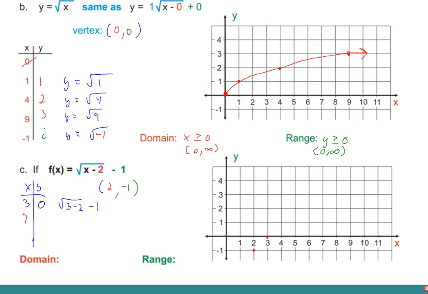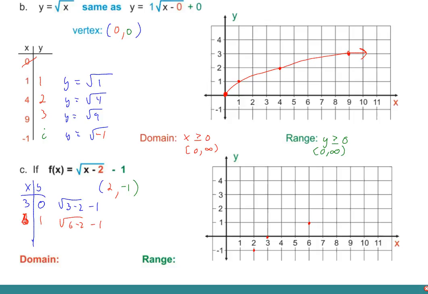The vertex is at 2, so go 4 away, let's go to 6. So now we're going to do the square root of 6 minus 2 minus 1. That gives us the square root of 4, which is 2. And 2 minus 1 is 1. And we're at the point 6, 1.